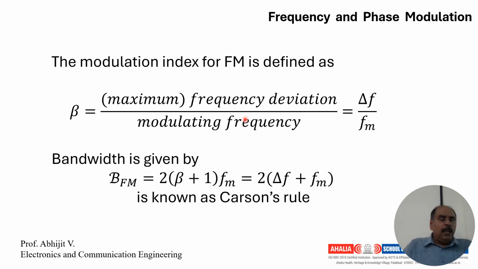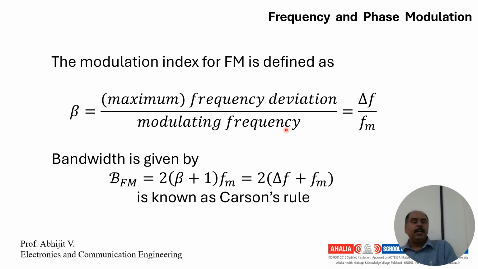In amplitude modulation, modulation index was defined as the amplitude of the message signal by the amplitude of the carrier signal. Similarly, for frequency modulation, we will be defining beta, that is the maximum frequency deviation delta f by the modulating signal frequency, which is Fm.